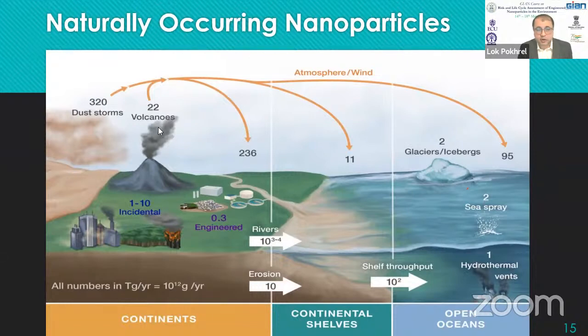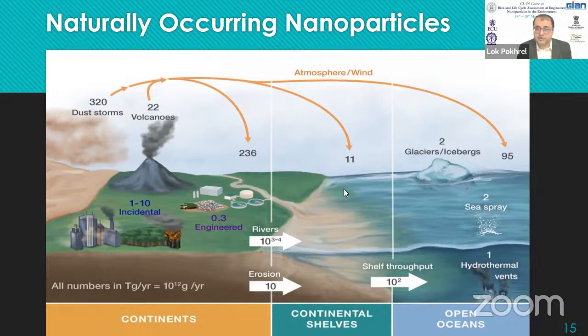Then we have volcanoes, and you can expect them to dissipate or transport or transfer in the environment through different routes, through the atmosphere, via air or wind, through the rain, through the river system, through soil erosion, into the continental shelves, and then to the open ocean.